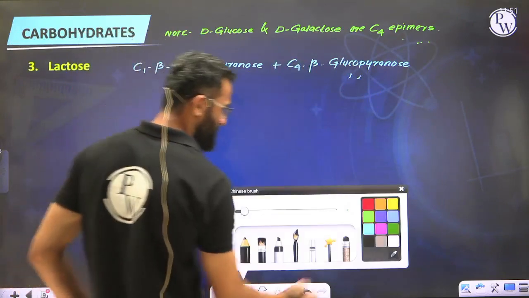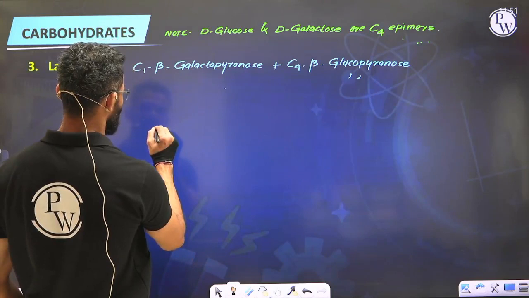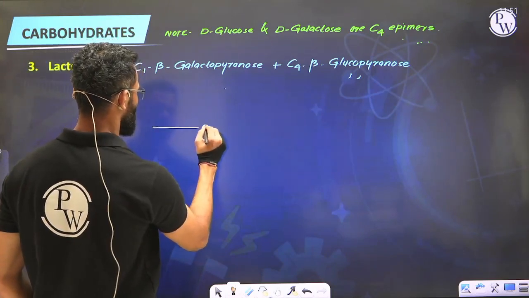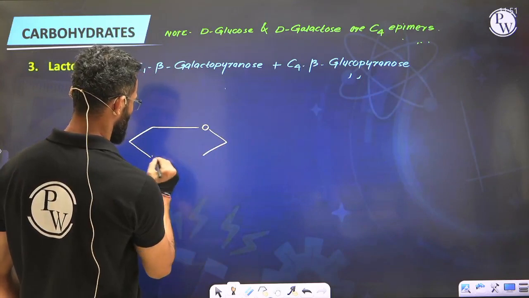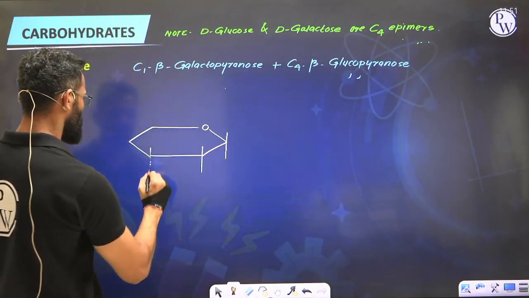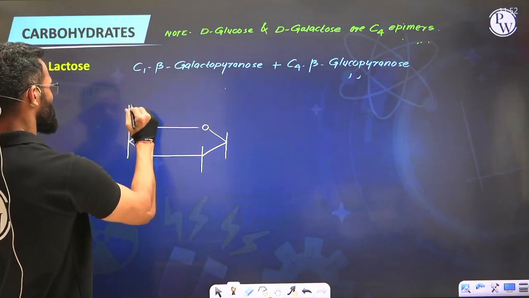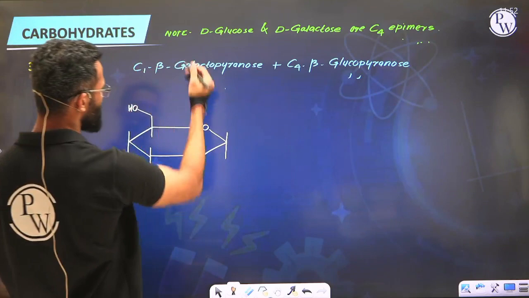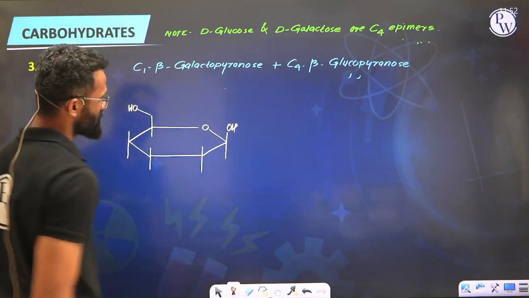So everyone, I want to get galactose. One, 2, 3, 4, 5 and 6. Since it is beta, OH and CH2OH should be on the same side. So I'm putting OH on the same side.